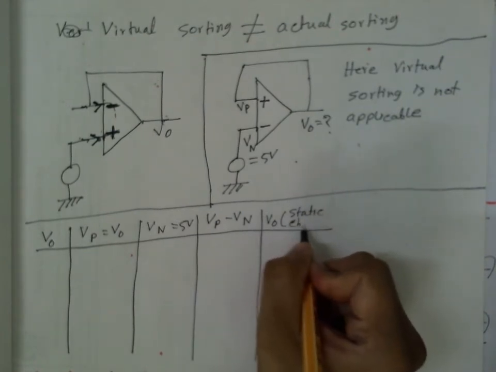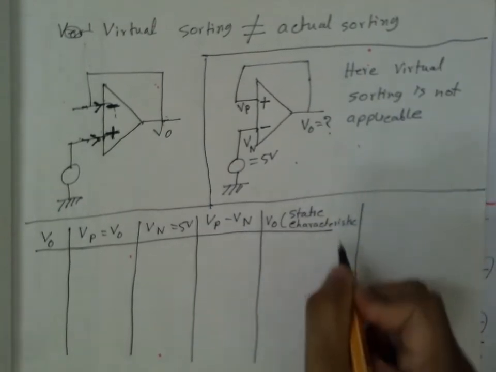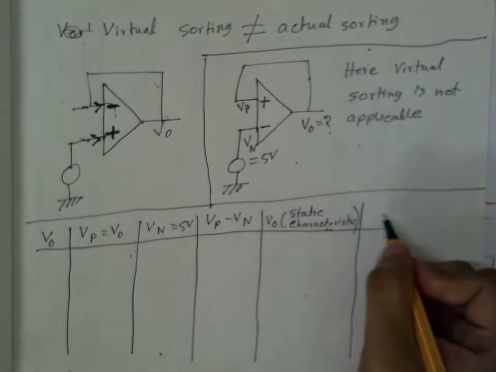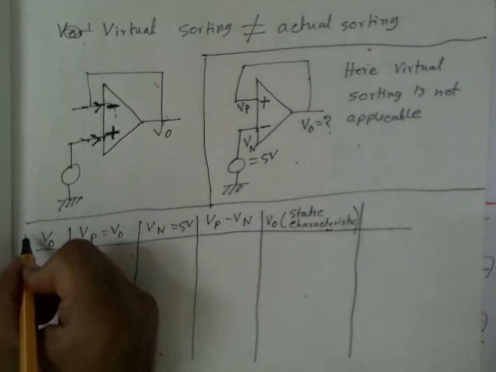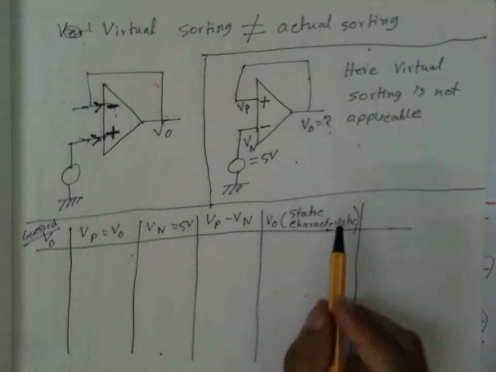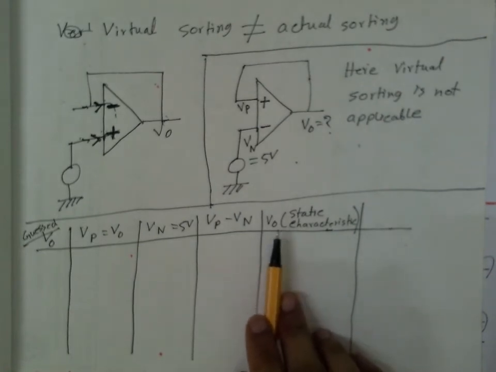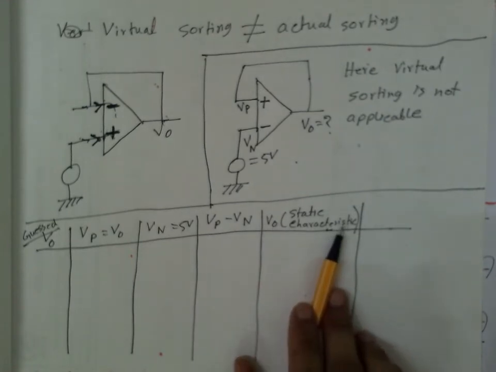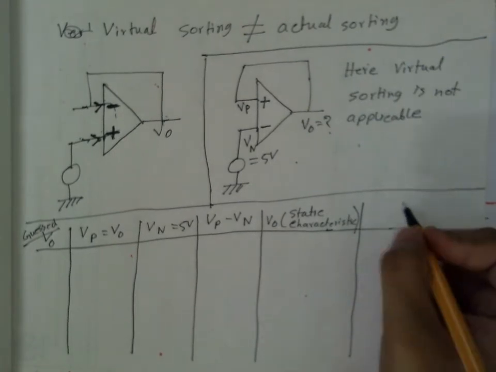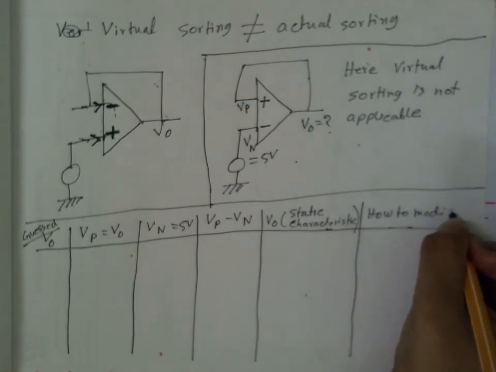We make initial guesses, and with that guess we check, at that solution point, what the value of VO output is according to the static characteristic, and then we make a decision about how to modify the guess.